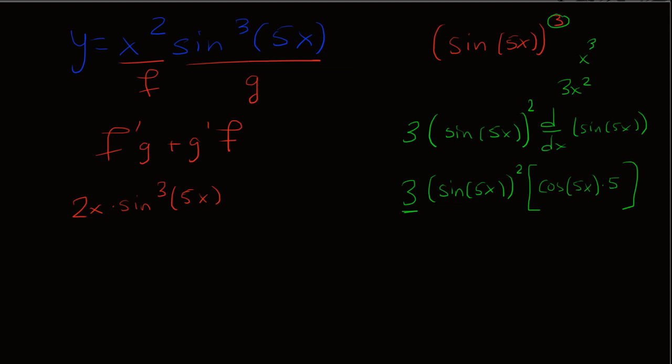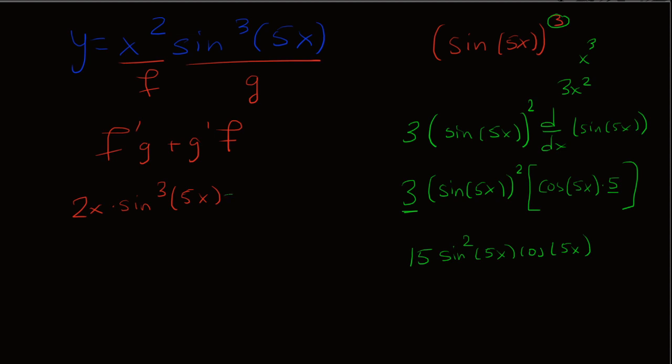We have 3 and a 5. 3 times 5 is 15. We have sine squared 5x times cosine 5x. And if you really want, you can simplify this further by doing sine 10x, which equals 2 sine 5x cosine 5x. But that should be good enough.